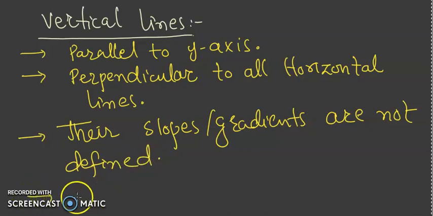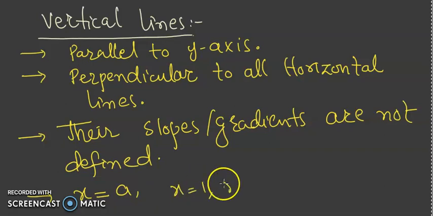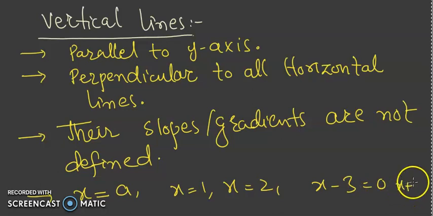Their equations are given by x equal to something: x equal to a, x equal to 1, x equal to 2, or maybe x minus 3 equal to 0, or x plus 2 equal to 0. These are lines where you find only x, not y, and a constant. Such equations show vertical lines. Let's see them on a graph.